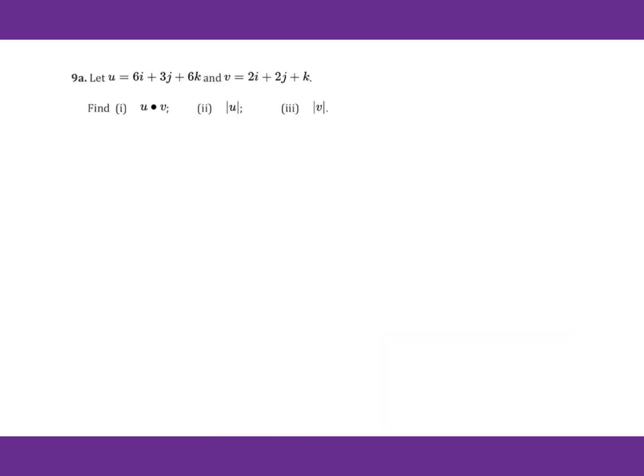Let's go to 9a. Let vector u equal this. Vector v equals this. We do the dot product of u and v, and get the magnitude of u and magnitude of v. So we have 6, 3, 6 multiplied by 2, 2, 1.